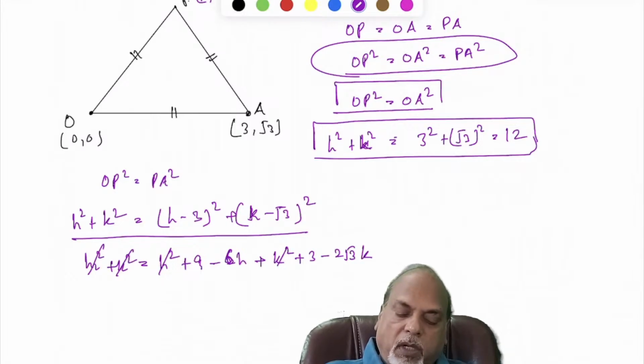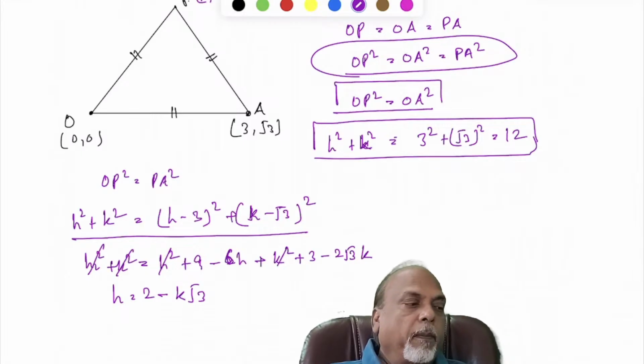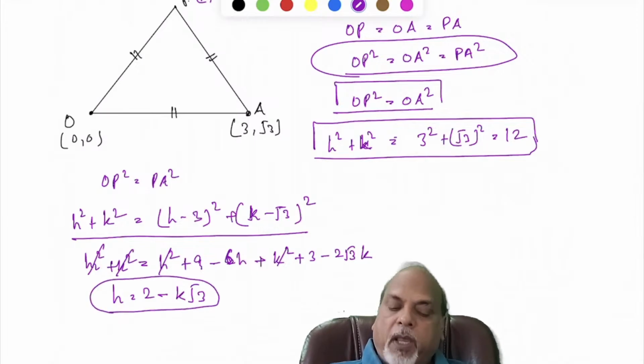Then H is nothing but 2 minus K root 3. Correct? There is a relationship between H and K. This relationship you can put in the first equation. Correct? So you will get basically a quadratic equation.